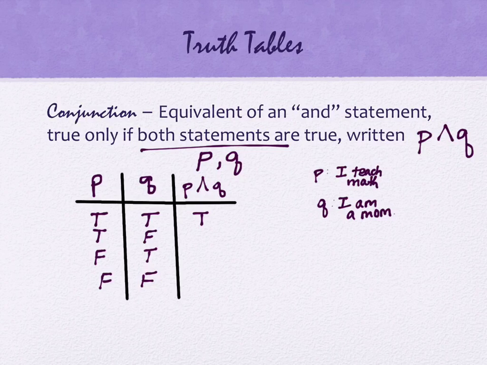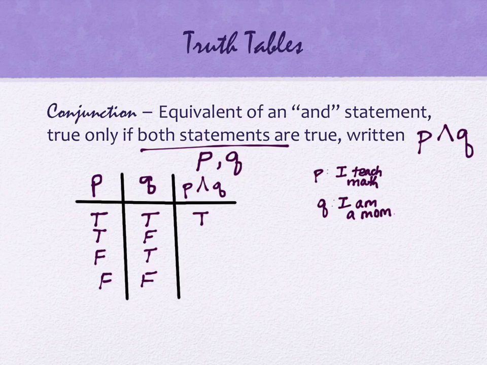Next, we're going to pick on someone that I think many of you know. Who knows Dr. Auk? No, not very many of you know him. Well, I said it's a him already, right? Dr. Auk walks in. For those of you who don't know, Dr. Auk is a man. Dr. Auk walks in and says, "I teach math and I am a mom."